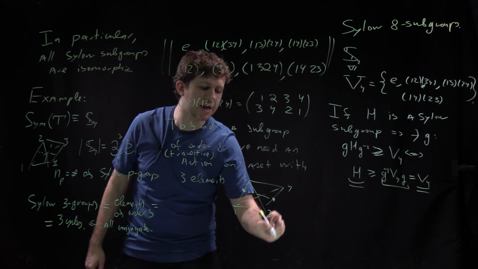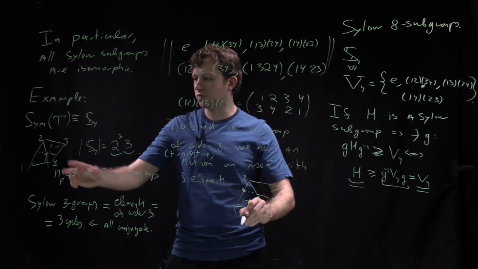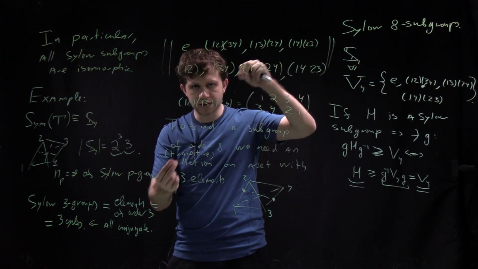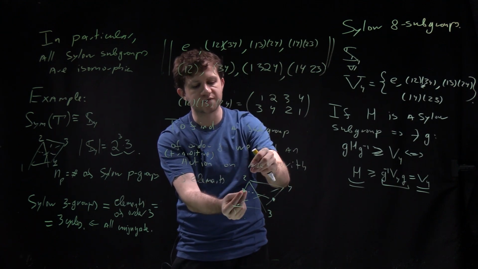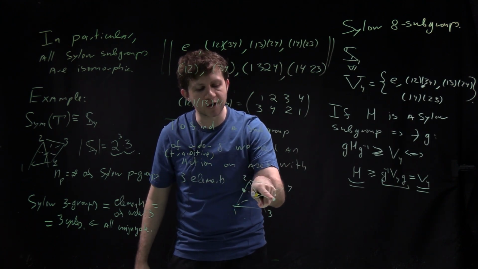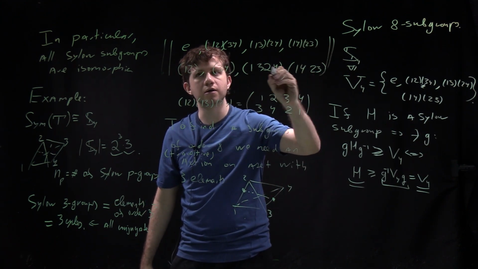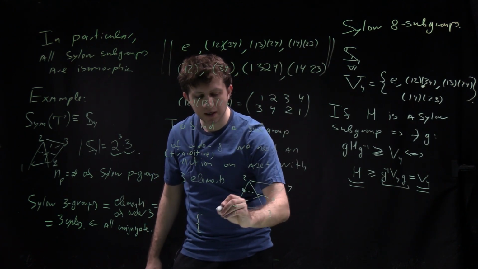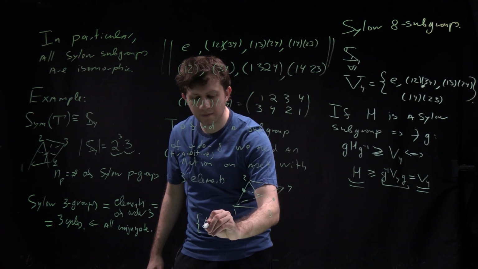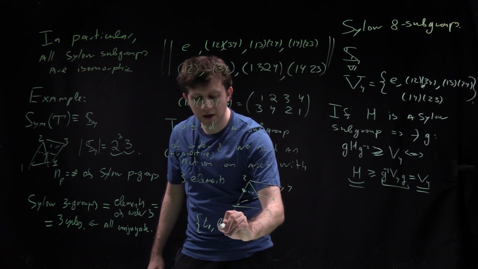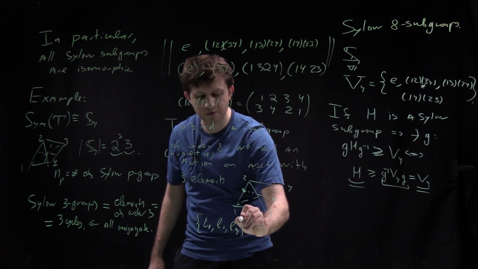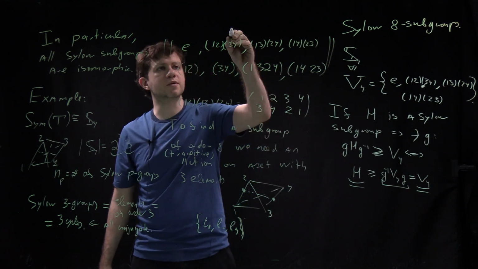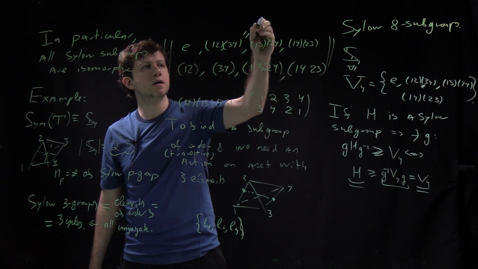If you just take the action on 3 elements, which are these 3 segments connecting midpoints of opposite faces, and you look at the stabilizer of this one, this is a stabilizer. So there is this action on 3 elements, let me call them L1, L2, L3, these are the 3 lines, and this is the stabilizer of L1.